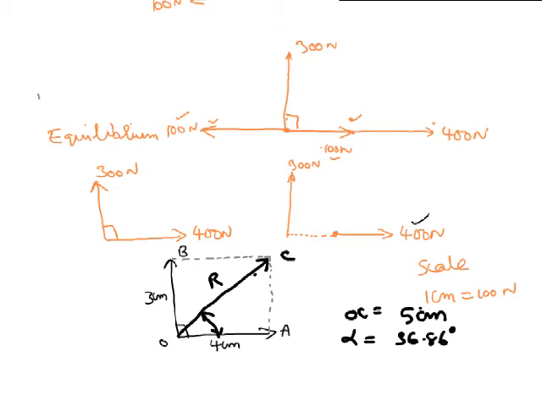Because our scale is 1 centimeter is equal to 100 newtons, the magnitude of R bar is 500 newtons.